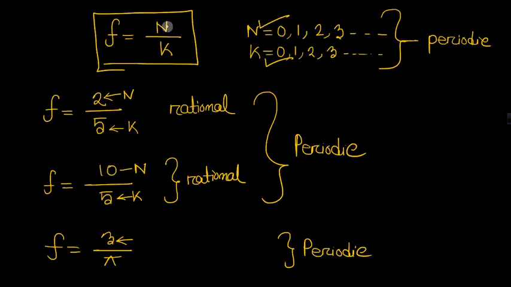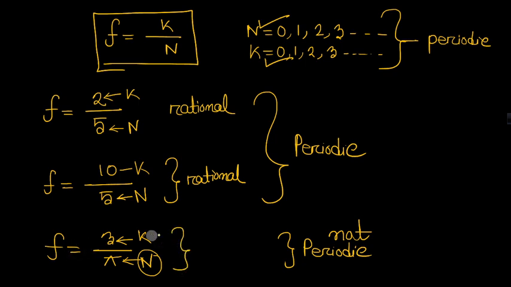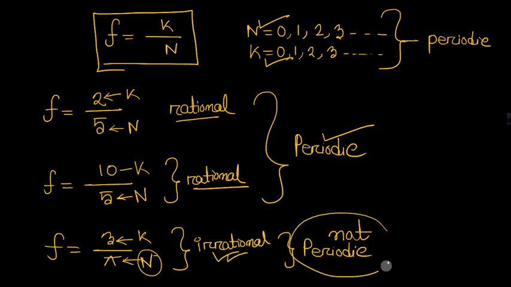If k is an integer but n is not an integer, it's not periodic. And you can also see that this small f is an irrational number. That means if small f is a rational number, the signal is periodic. If small f is an irrational number, the signal is not periodic.